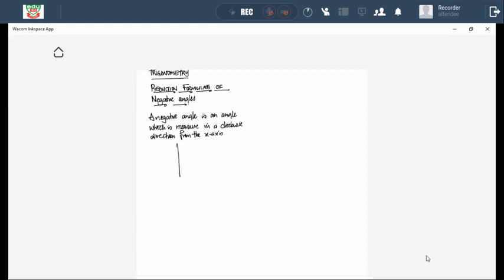Meaning to say, if I measure an angle in this direction, say 20 degrees, this becomes negative 20 degrees, because the direction that I took is a clockwise direction. Then that angle is going to be negative 20 degrees.